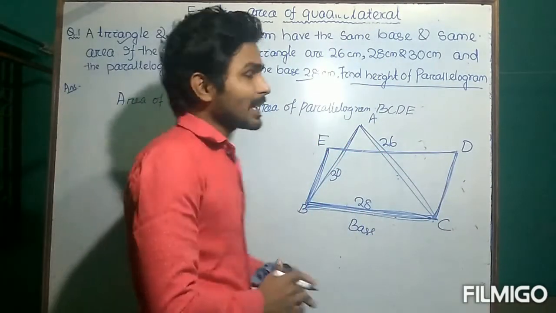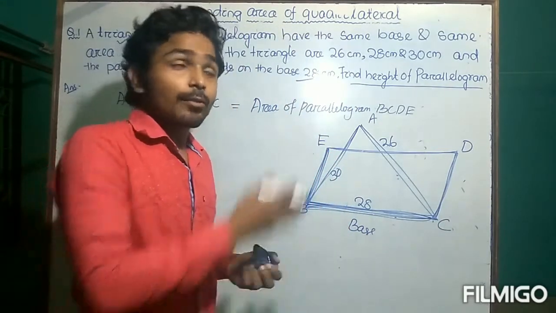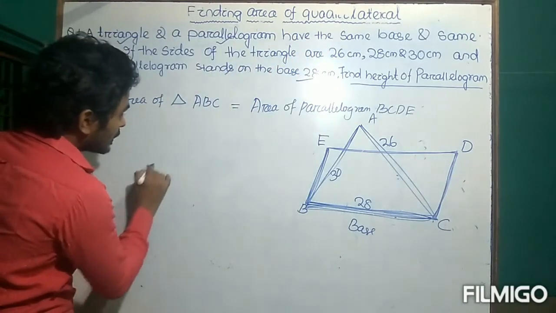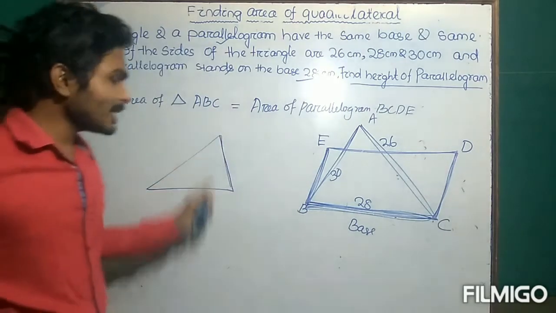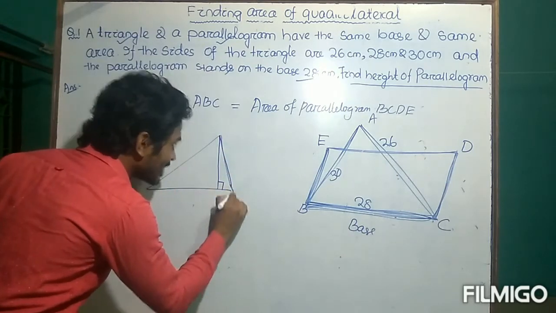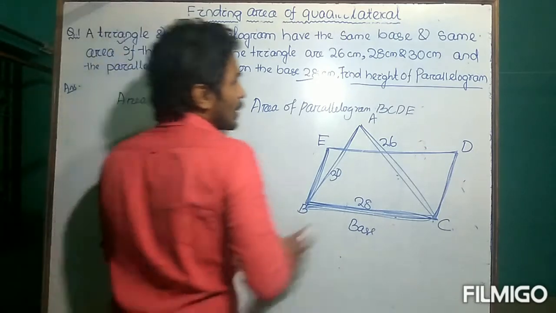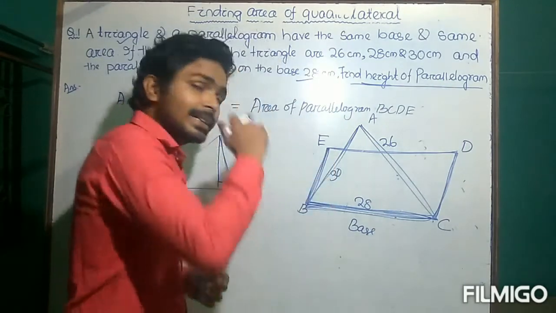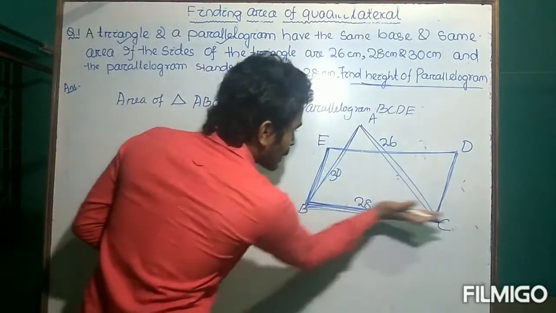Height means what? Height is the perpendicular distance from the tip to the bottom. For example, if this is a triangle, then what is its height? Its height is the perpendicular distance from the tip to the base or bottom. Similarly, here we need the height of the parallelogram. Suppose E is the tip or the topmost position of the parallelogram and this is the base of the parallelogram.